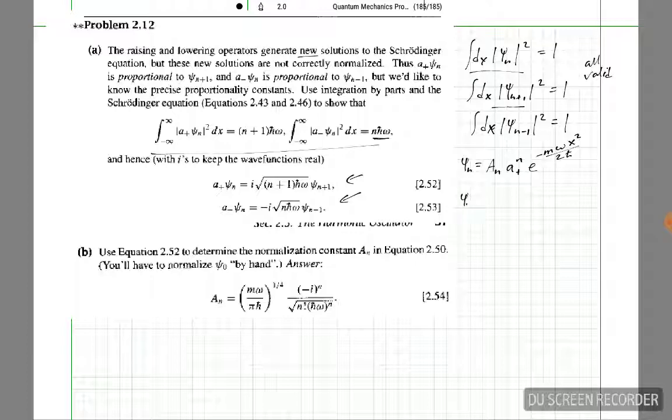If we had psi n plus 1, we have a different normalization constant, and then we have the operator applied n plus 1 times on this. So the normalization constant is different. So what we're going to do is the same method we did in the last problem.